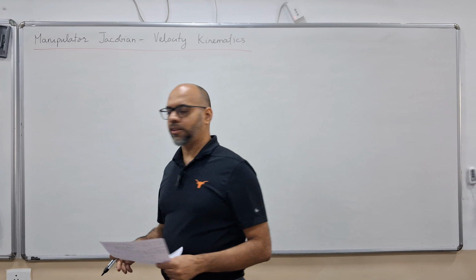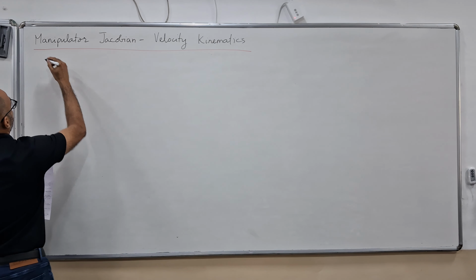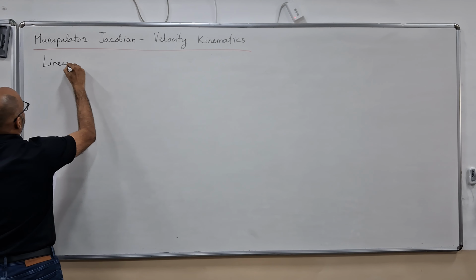So for the linear part of the Jacobian, we want to find JV.